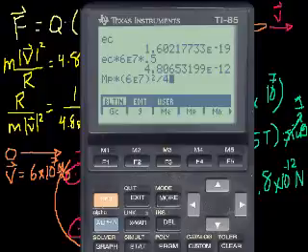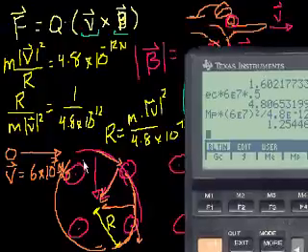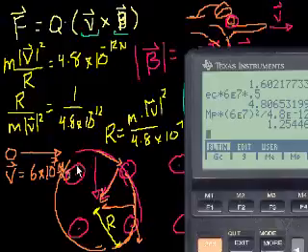So divided by 4.8 e minus 12. And let's see. Hopefully we don't get something funky. There we go. And that's actually a pretty neat number. 1.25 meters. That's actually kind of a number that we can imagine. So if you have a proton going in this direction at 1/5 the speed of light through a, what did I say it was?